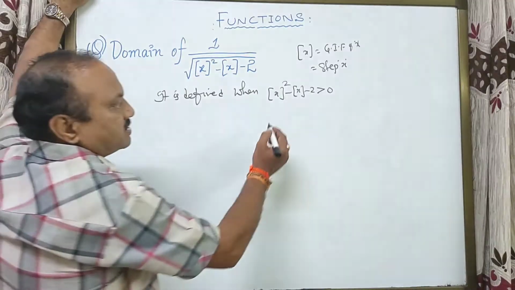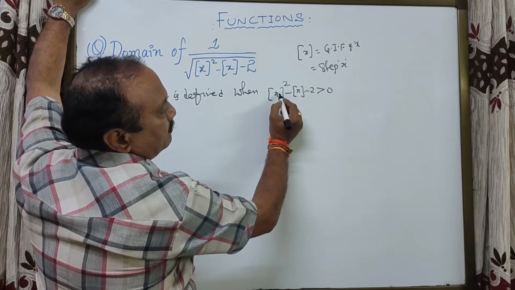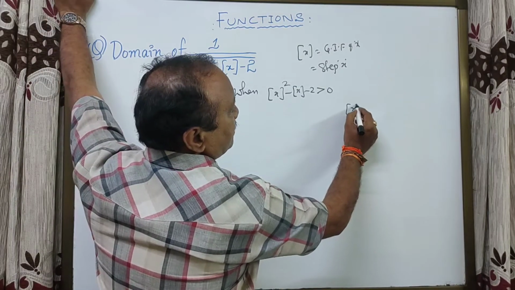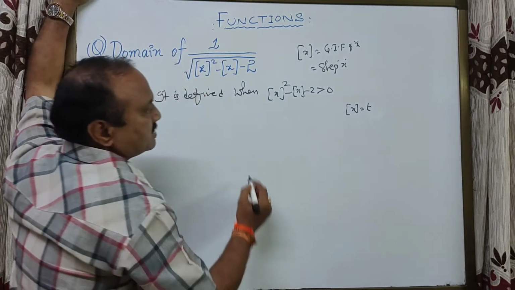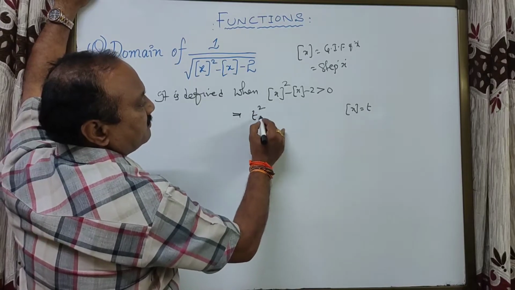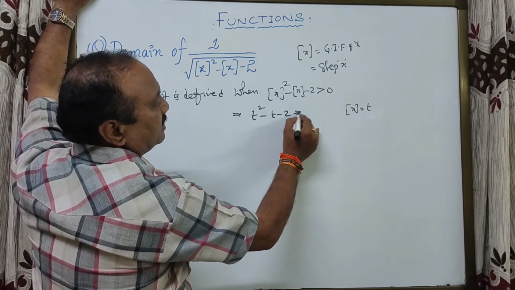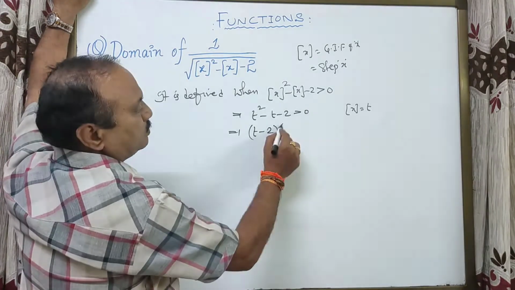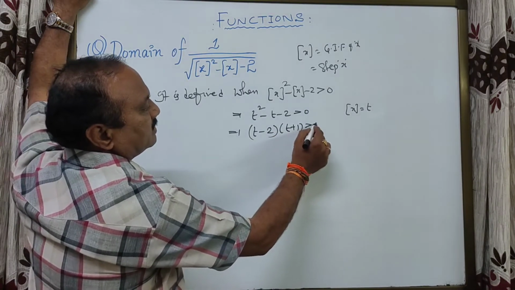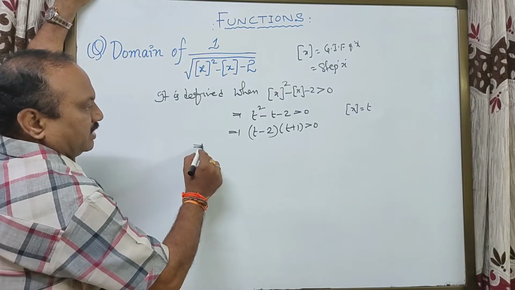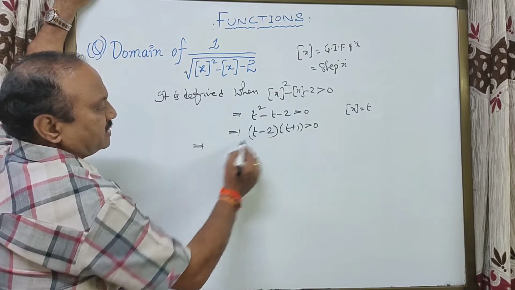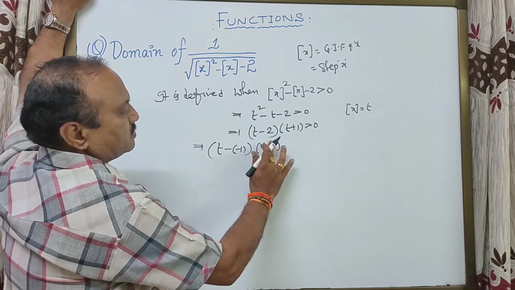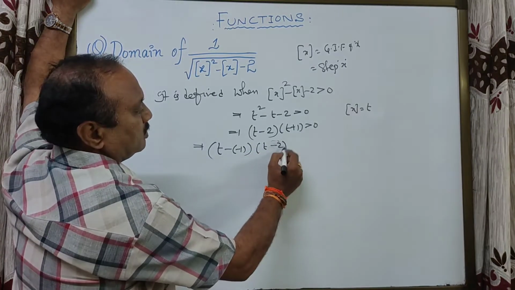Now dear students, step x square minus step x. For your easy convenience, take step x as t. It becomes t square minus t minus 2 greater than 0. Factorize it. T minus 2 into t plus 1 greater than 0. Here we have product form. We write this as t minus of minus 1, t minus 2 greater than 0.